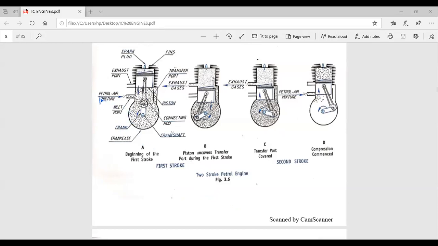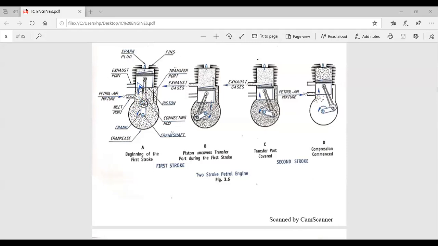Say first, the petrol and air mixture. You have an idea. In all the two-wheelers, you might have seen the carburetor. The air and petrol mixture comes from the carburetor and is sucked inside the cylinder and also the crankcase, due to the vacuum created by the piston moving up and downward.